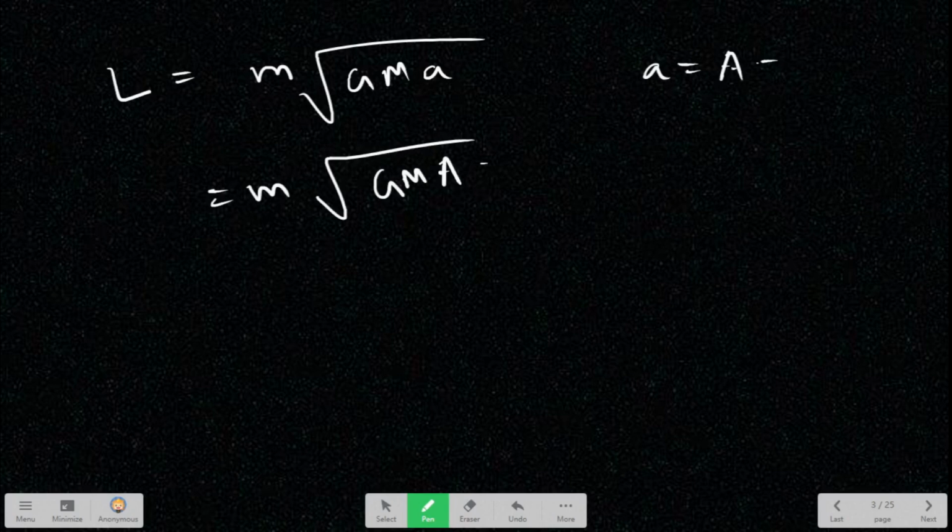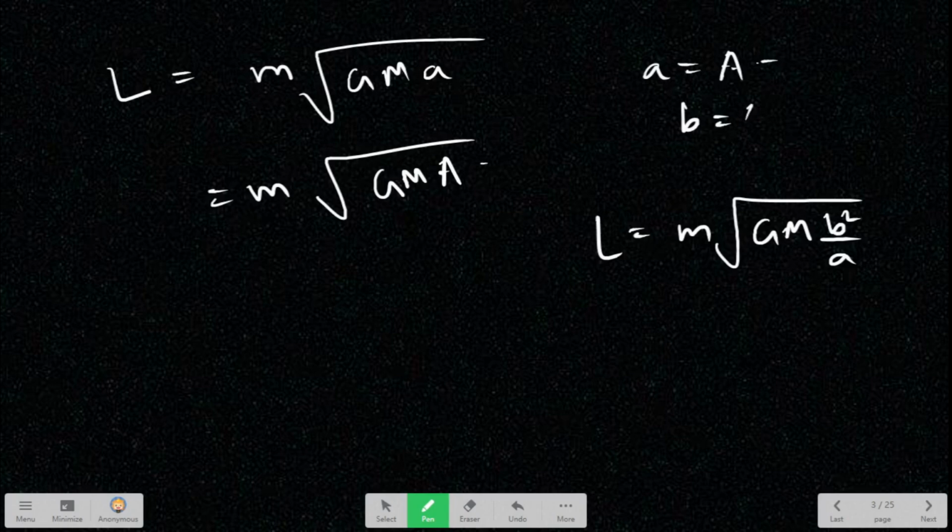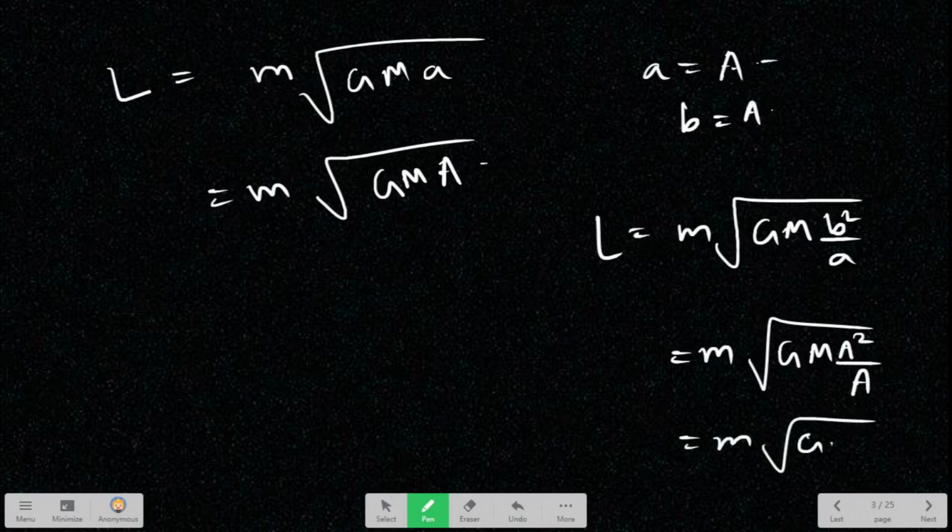You can use the second relation also, that L is equal to m into root of GM B square by A. B is equal to A for a circle, so this implies L is equal to m into root of GM A square by A. So this is equal to m into root of GMA. Clearly you can see L changes.